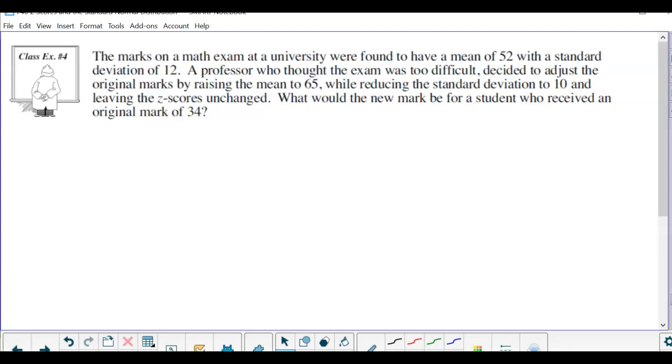So that's all he did, was raise the mean to 65, then everyone would get adjusted the same.